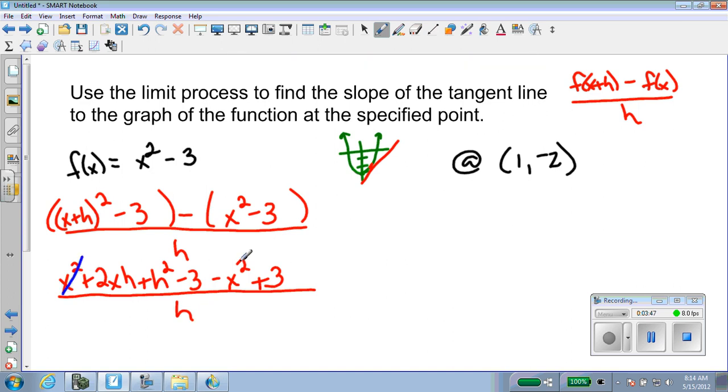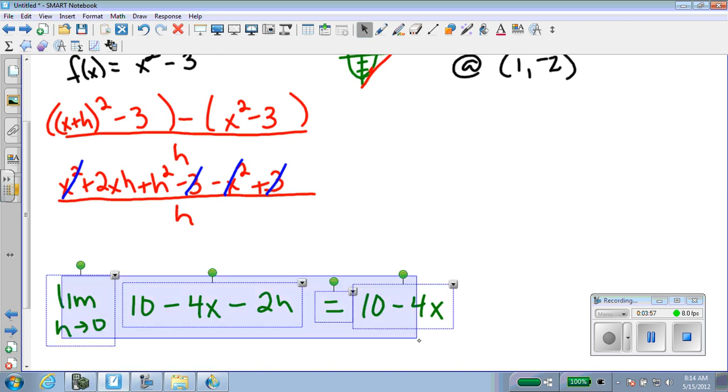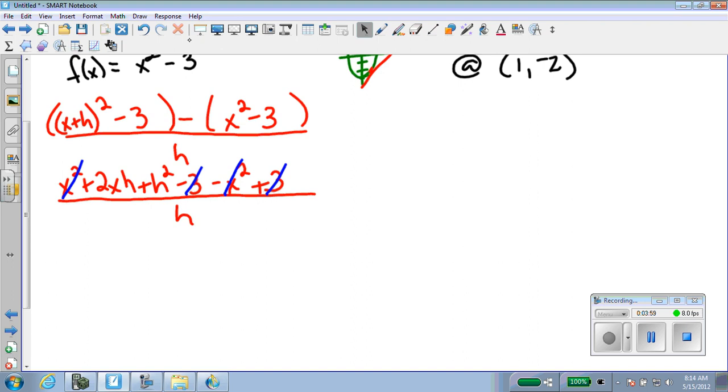My x squareds will cancel, my 3's will cancel. The remaining terms each have a factor of h, so we're going to get 2x plus h times h, and that's going to cancel with this h.